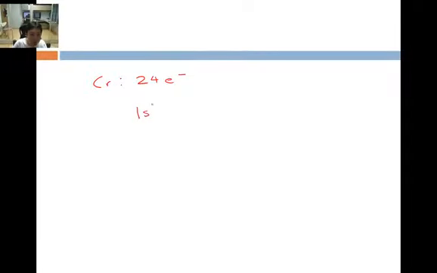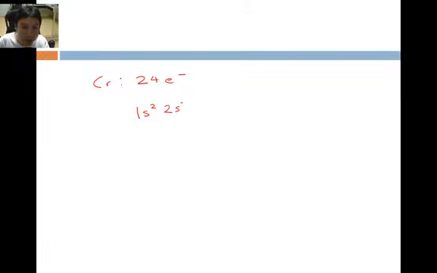So we have chromium with 24 electrons. The first level is the 1s orbital, and we'll put 2 electrons in the 1s orbital.